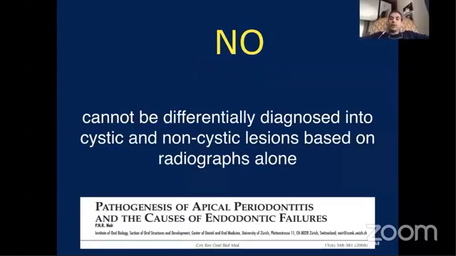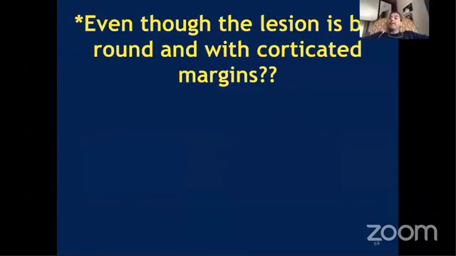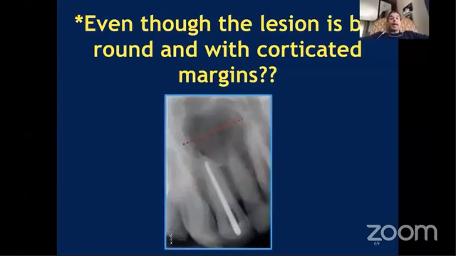The second question: even though the lesion is big, round, with corticoid margins like this, can we say this is a cyst because we have large corticoid margins?